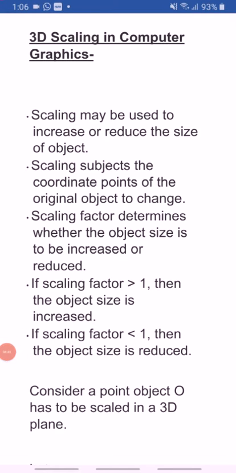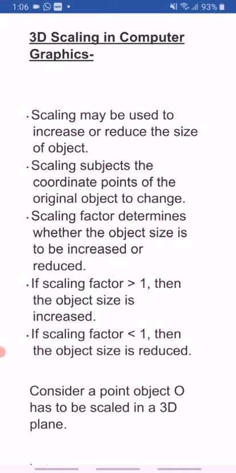So coming to the next transformation, 3D scaling. The process of increasing or decreasing the size of an object is scaling. To do scaling, we consider a factor that is called the scaling factor.